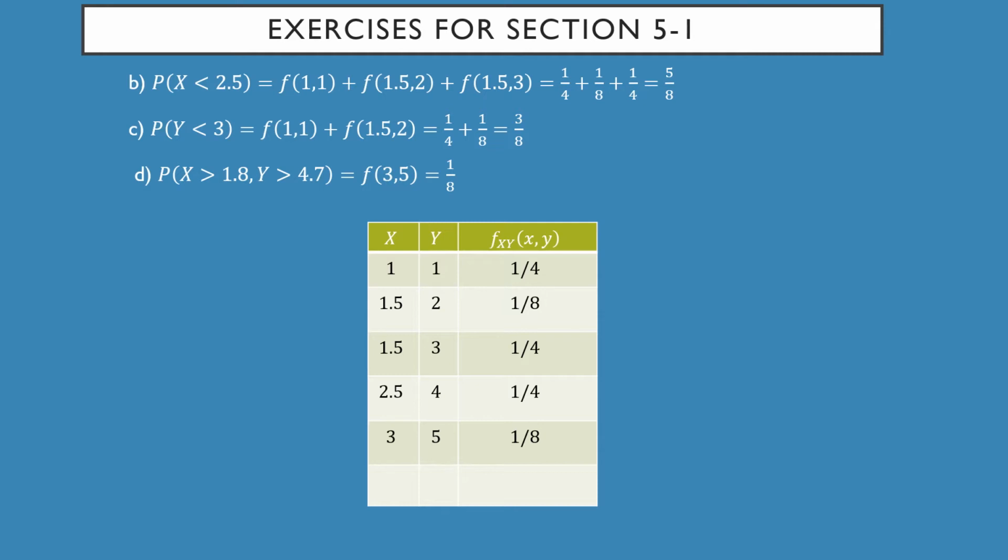We have only one value, because y should be bigger than 4.7, so we should ignore 4. We have to consider 5. So we have now x equal to 3 and y equal to 5. The corresponding joint probability mass function value is 1 over 8. So the final answer is 1 over 8.